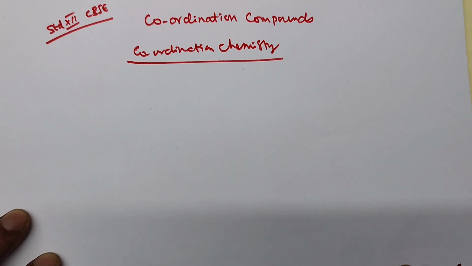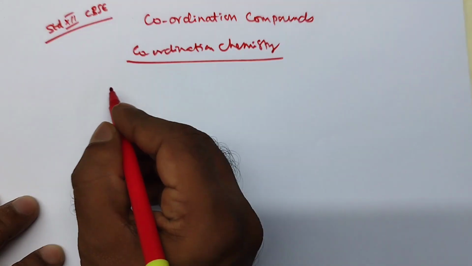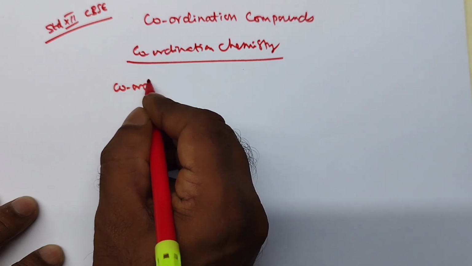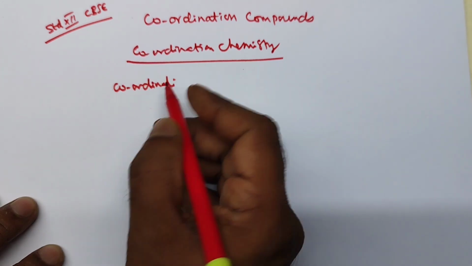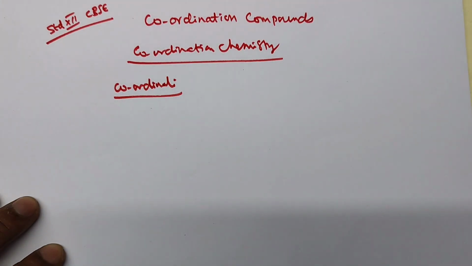Before that, we have to define what is meant by coordination compounds. The word coordinate: already we discussed types of chemical bonds: ionic bond, covalent bond, coordinate bond. So we have to know the definition for coordinate bond.